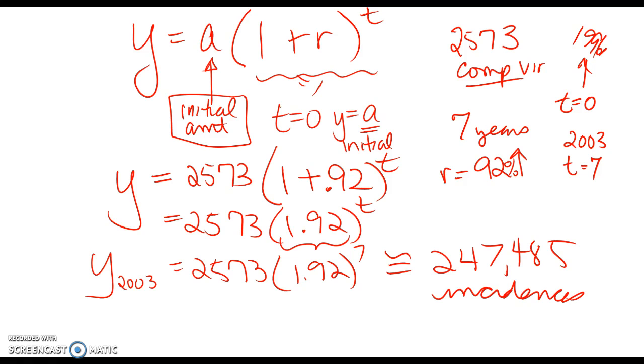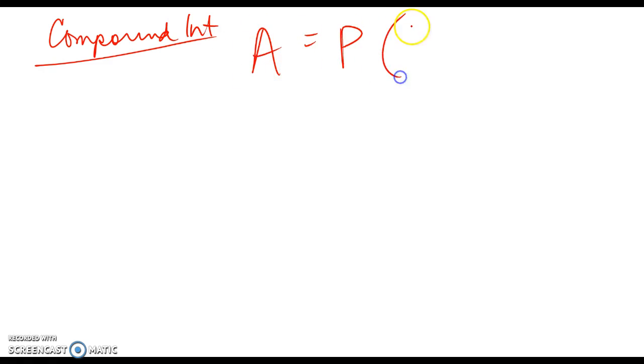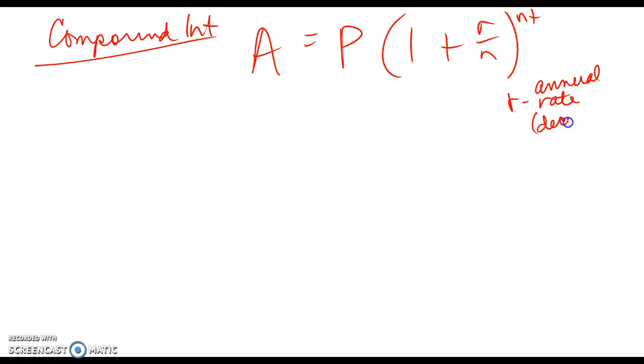And you'll do some problems for these. Finally, we're going to talk about compound interest. We all want to know how much our bank account will grow. And it looks like this. Where r is our annual rate, as a decimal. We always say a percent, but we write it as a decimal in this equation. n is the number of times per year that we're compounded.